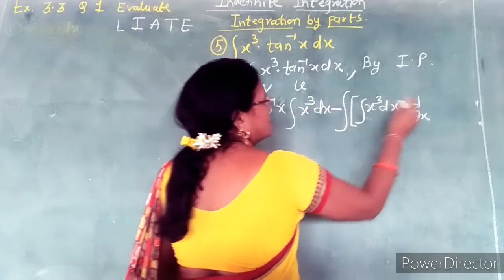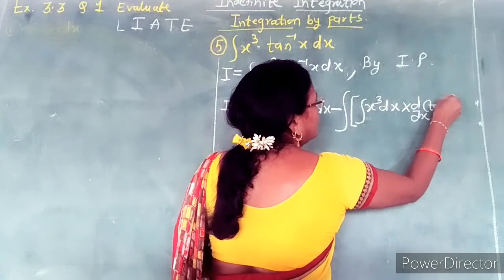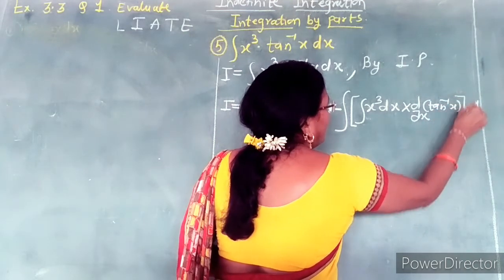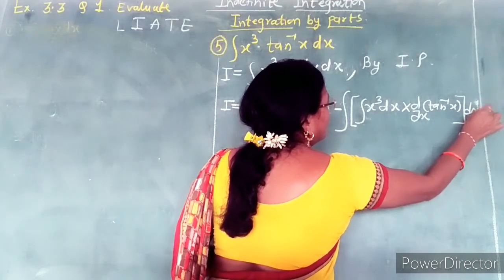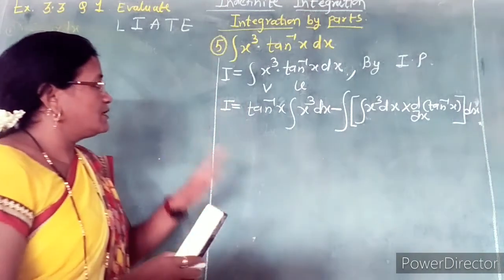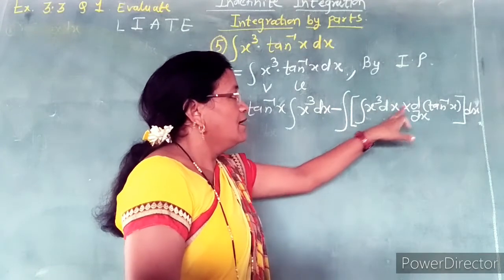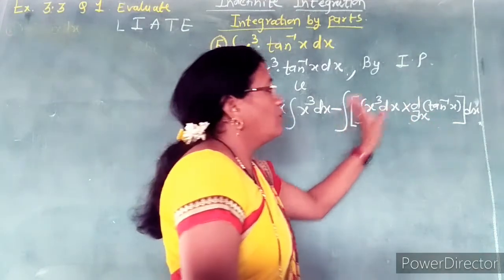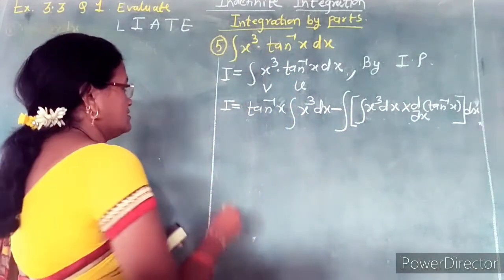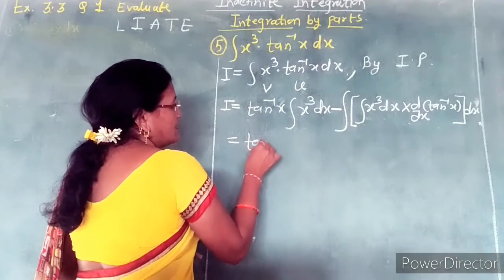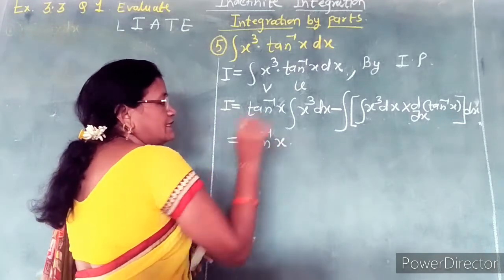The derivative of u, where the function is tan inverse x, and the whole integral with respect to x. This step gives the result u integral v minus integral of the integral of v multiplying the derivative of u, with respect to x. So the result becomes tan inverse x.